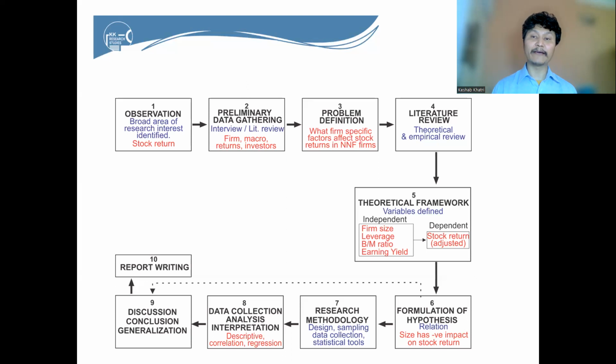So once I have identified my philosophical stand, it'll be easy for me to develop the research design. For example, in our study, our philosophical stand was positivist philosophy, and based on that, our research design was quantitative research design.